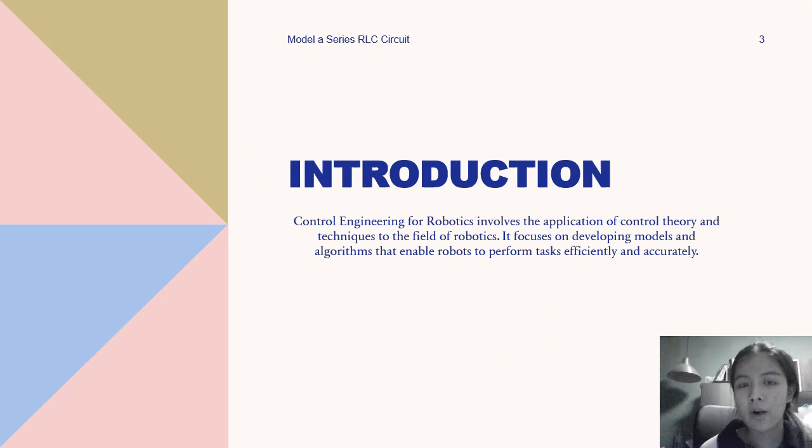So, okay, the introduction. Control engineering for robotics involves the application of control theory and technique to robotics and the model algorithm for the robotics, such as the accuracy and the velocity.